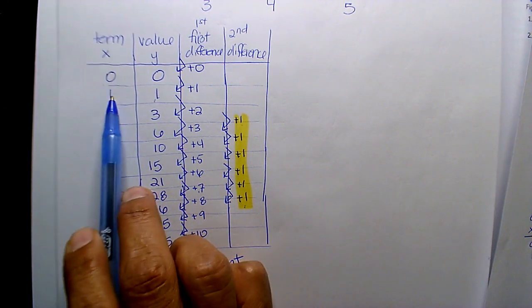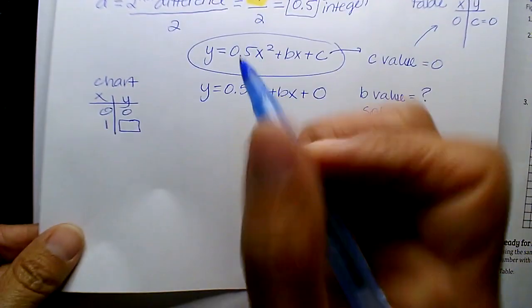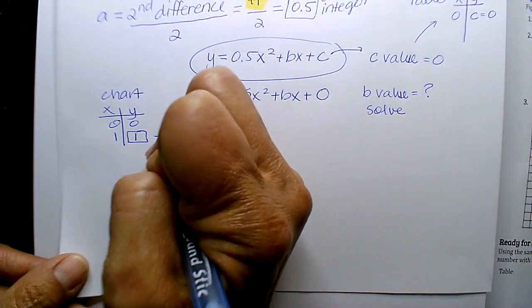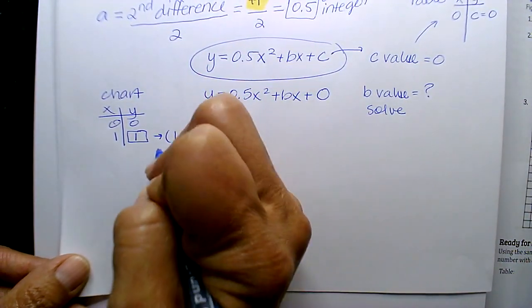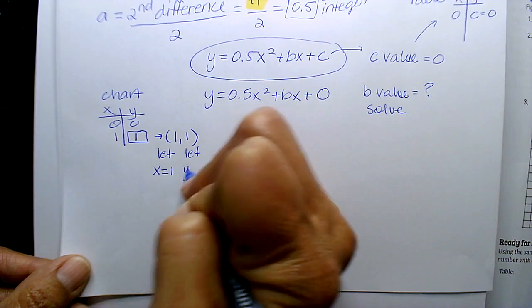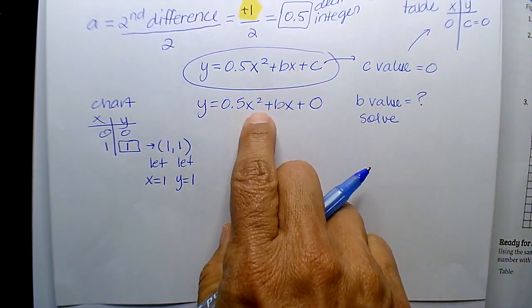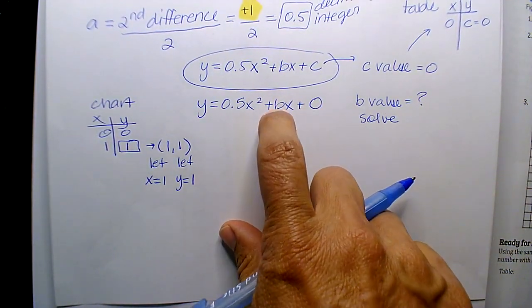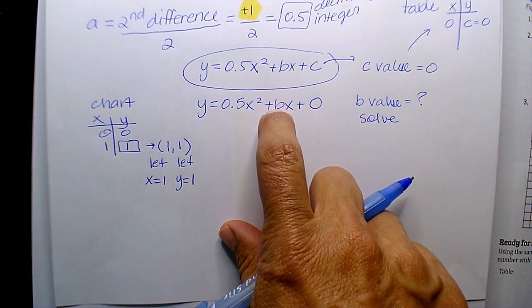So my chart is 1, 1. That means if that's my point, I'm going to let X equal 1 and I'm going to let Y equal 1, and I'm going to substitute it. And that B is going to get solved for. And that's how you find it.